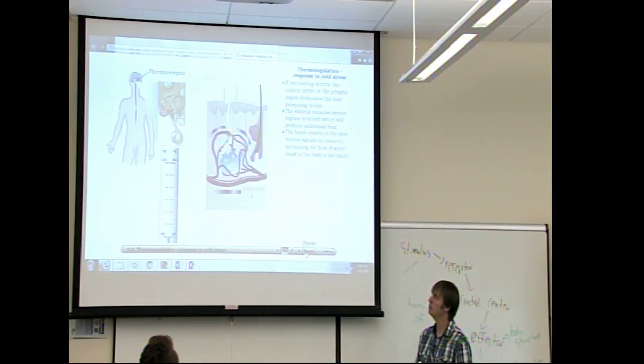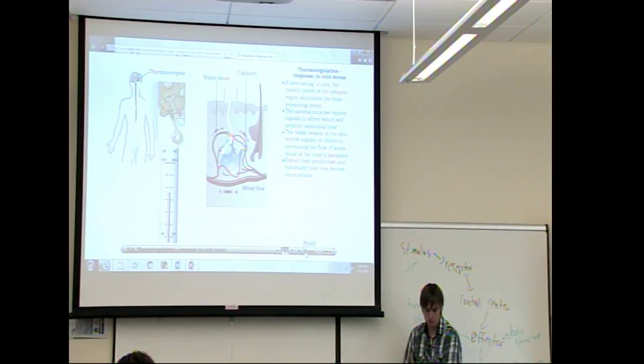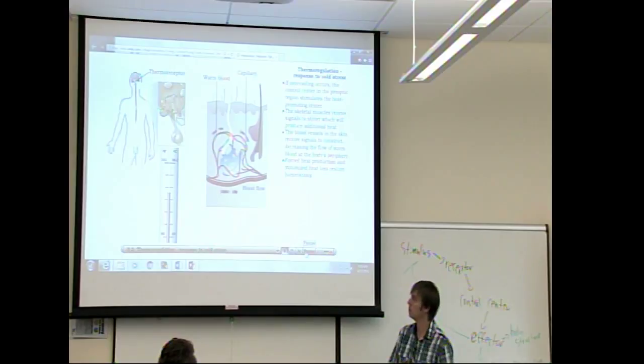Additionally, nerve impulses cause blood vessels in the skin to constrict, decreasing the flow of warm blood near the skin's surface, and thereby recirculating warmer blood back to the body's core. The result of the forced heat production and the minimized heat loss in the peripheral parts of the body returns body temperature to normal, and homeostasis is restored.